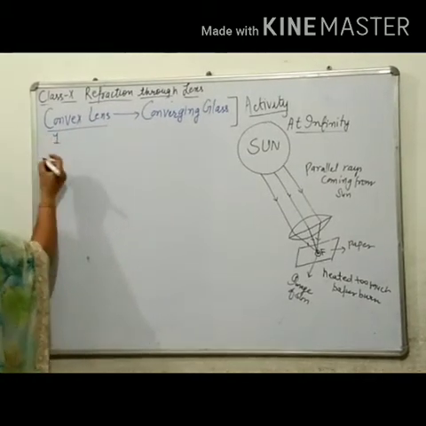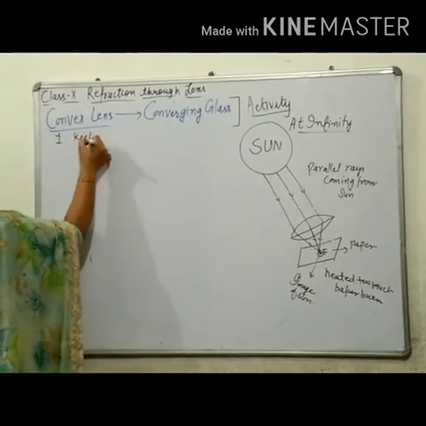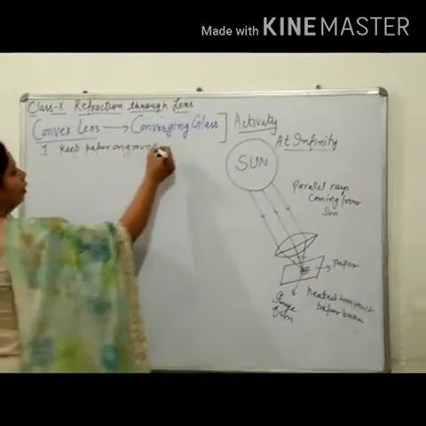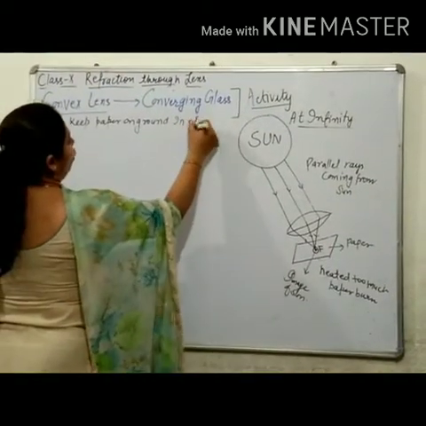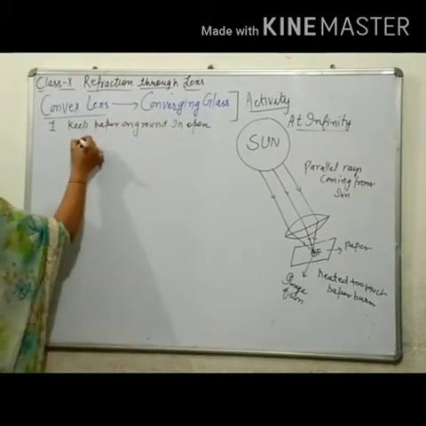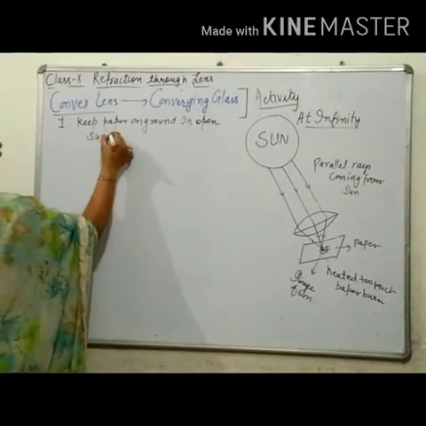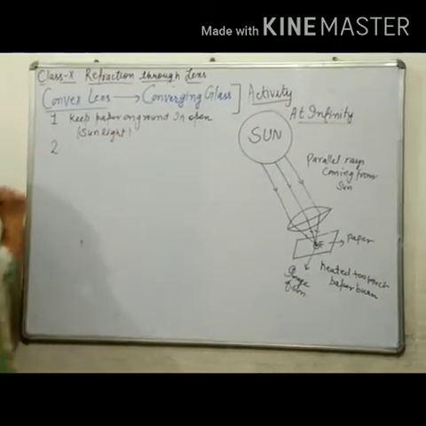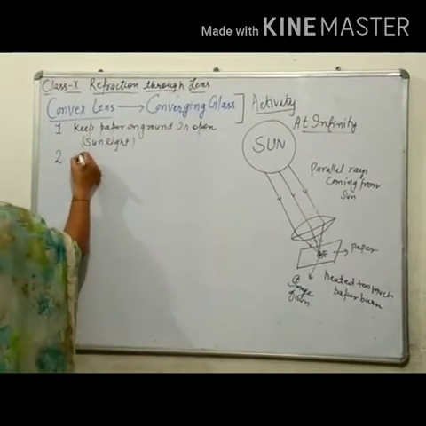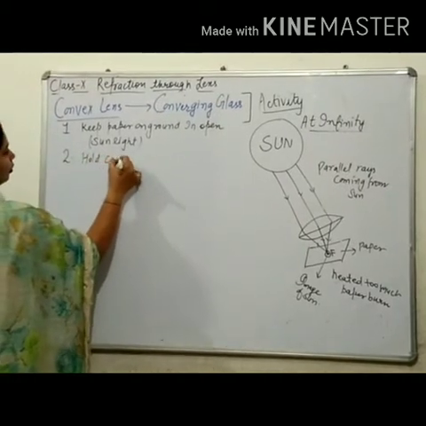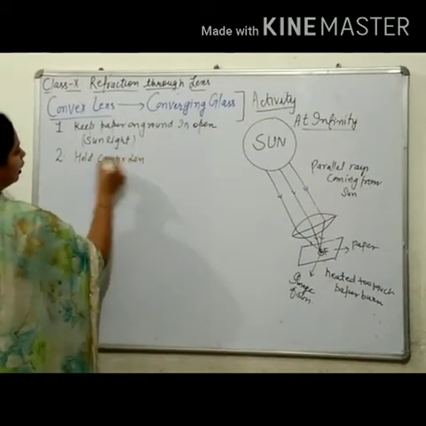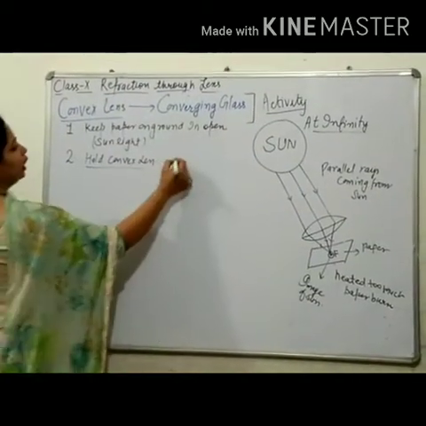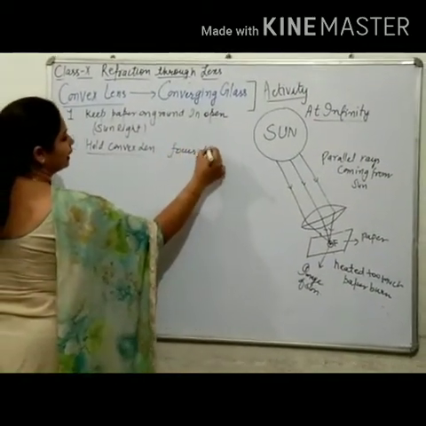So what is step number 1? Keep paper on the ground, in the open where sufficient sunlight is available. Now hold the convex lens over the paper and try to focus the sun.